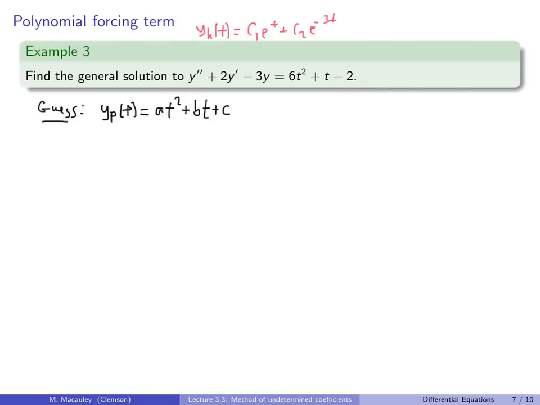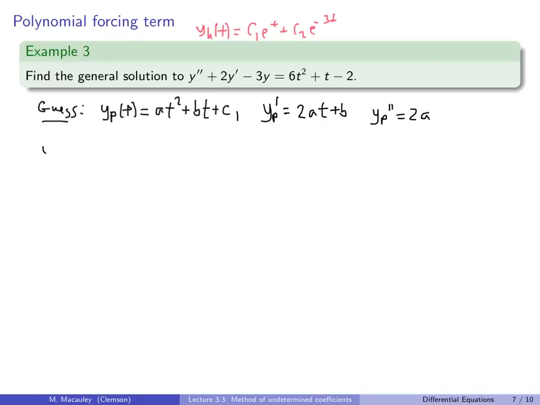So let's plug this back in. Well, first we have to take derivatives. yp prime is 2at plus b, and yp double prime is equal to 2a. So this is going to be a little bit easier than the previous ones because the derivatives are simple. Let's plug this back in.